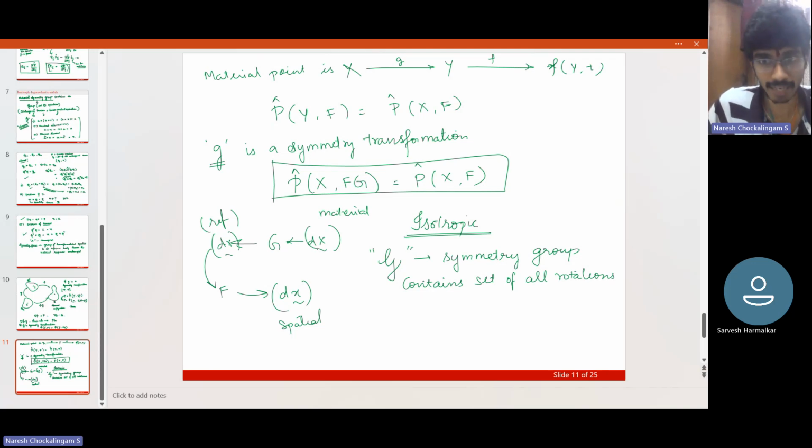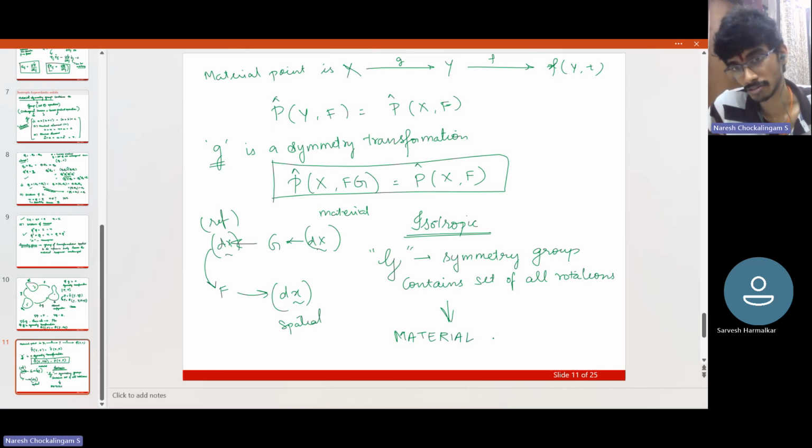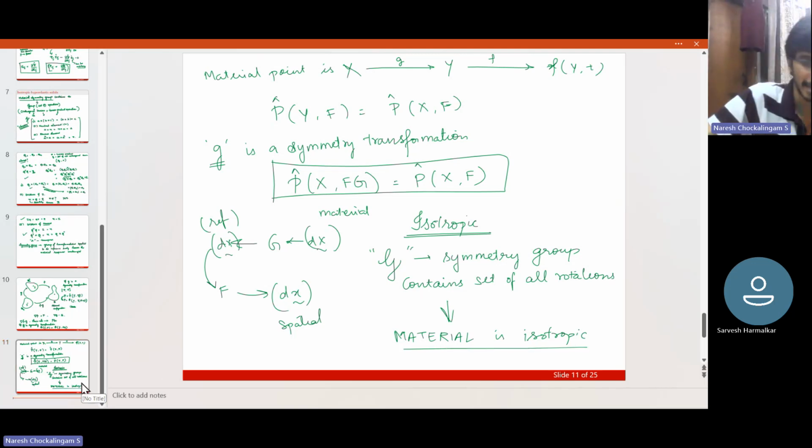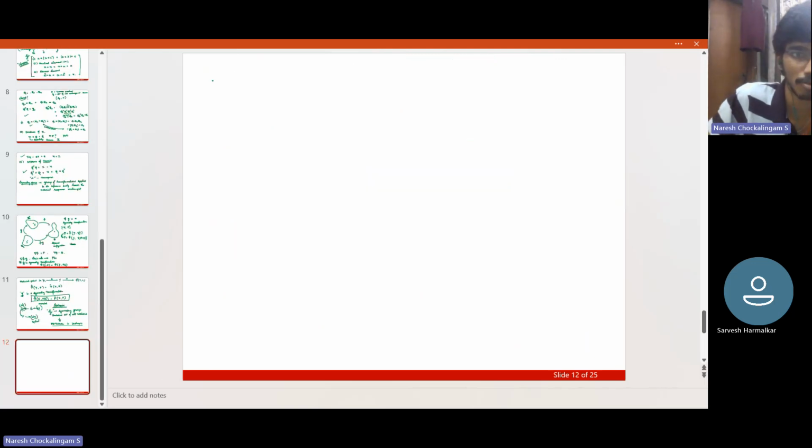If this symmetry group contains the set of all rotations, all rigid rotations, then that material is isotropic. So clearly, for an isotropic material, the response does not depend on the axis.